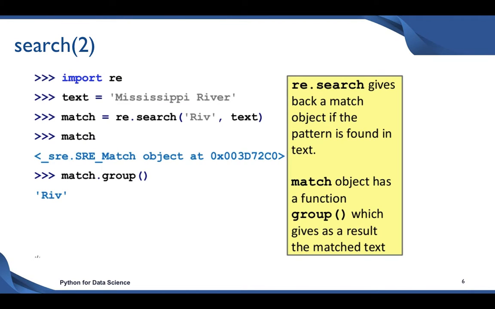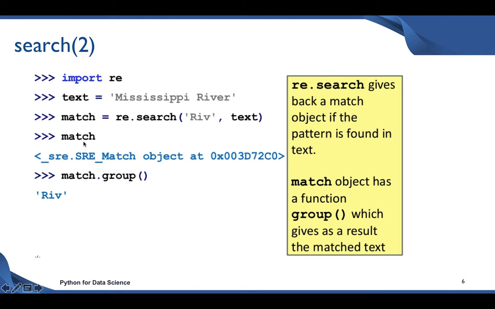Then let us see the working. In the first part, we have imported our re library, that is the regular expression module. Then we have a text, that is Mississippi River, and we are trying to search for RIV in this particular text. So how can we do it? By using the search method provided by the re module, and it returns a match.